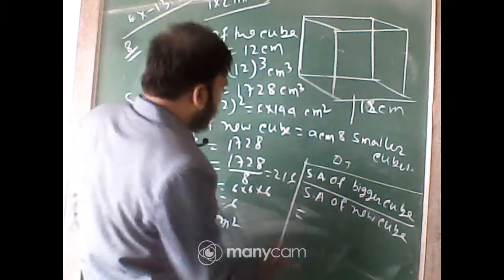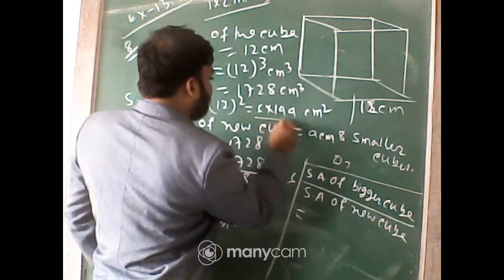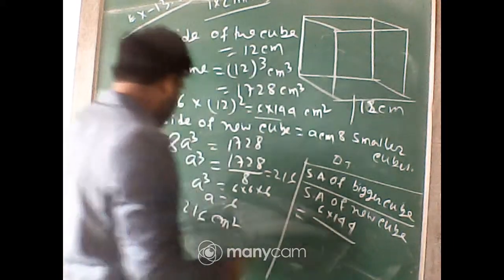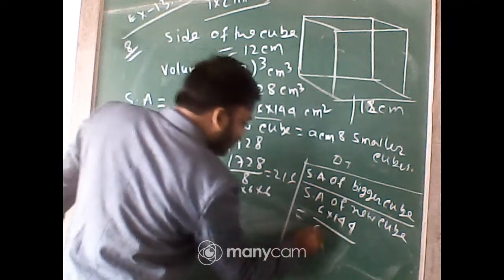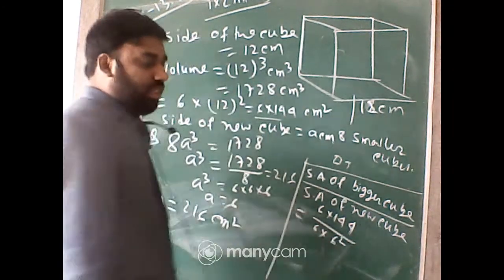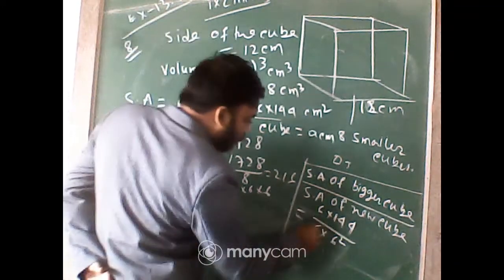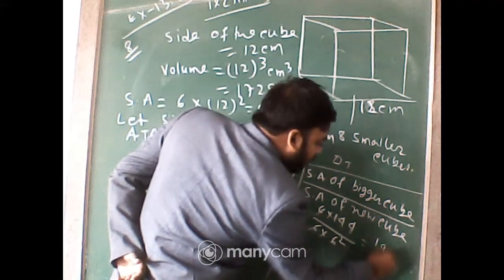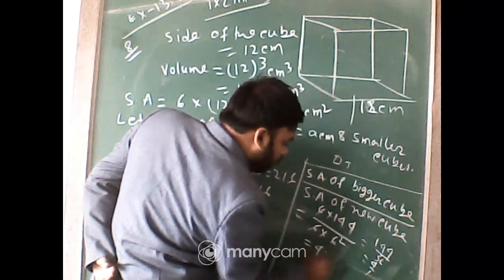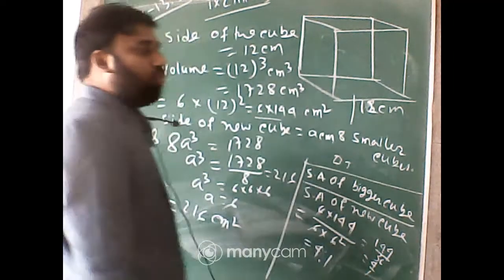Four is to 1. So the surface area of the big cube is 6 into 144, and here 6 into 6 square means 6 into 36. The 6 is removed, and 144 by 36 is 4 by 1. So the answer is 4 is to 1.